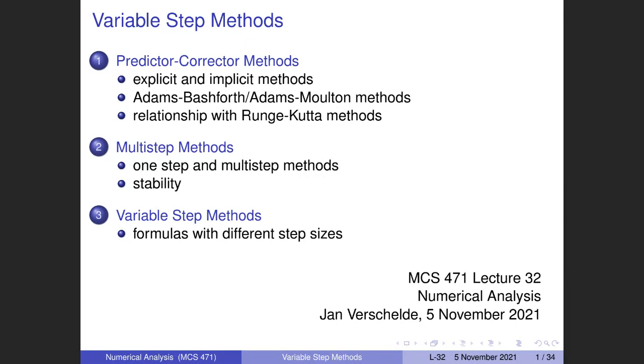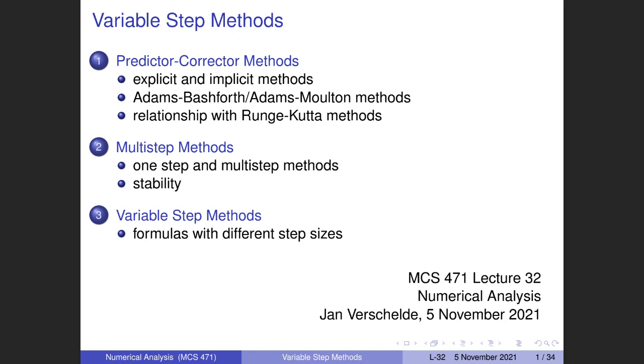Stability is important. Every method has an order, which gives us the expected accuracy, but sometimes it doesn't go always the way we expect. So we will see a general way to derive the stability of a method, and distinguish also between one-step and multi-step methods.